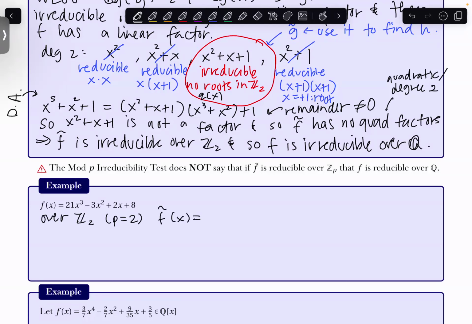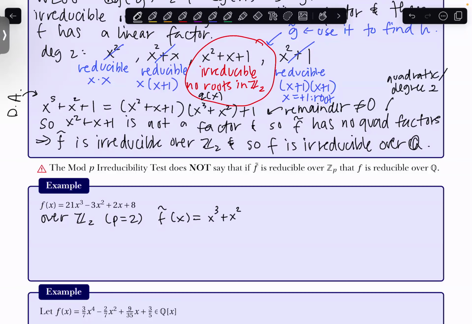Anytime I see it even, it'll turn into a 0, so it'll just disappear. Here I'm going to get an x cubed plus x squared. Right, my -3 can turn into a +1 here. I really want to think 0 and 1 because I want to do things in Z2 here. But technically, -1 or -3, these are all equivalent mod 2.